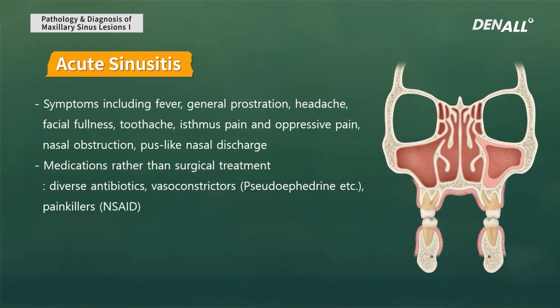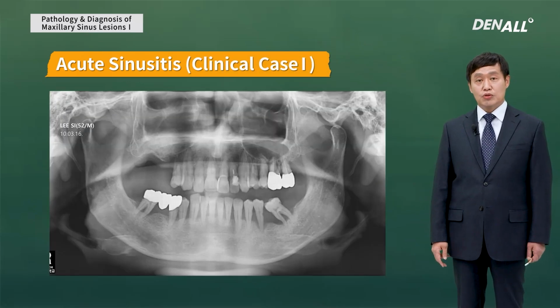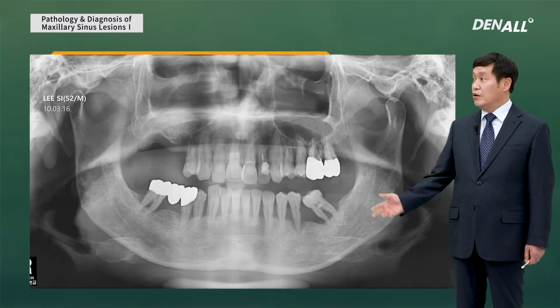If the patient is complaining of pain, you can provide painkillers and NSAIDs or non-steroidal anti-inflammatory drugs. However, despite the medication, if the patient continues to experience difficulty and if ostium is completely blocked, at times a surgical treatment may be necessary. Let me show you a case.